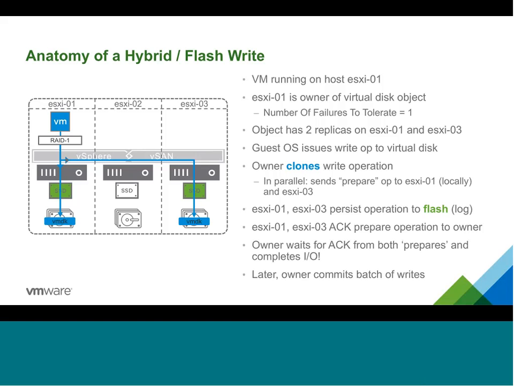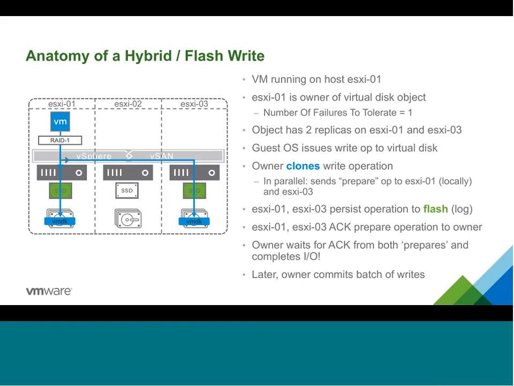We can have an all flash environment where I'm using flash for cache and flash for the capacity tier as well. How these two behave differently, I'll be covering shortly. But I can have both environments. If I need more performance, I will go for all flash, right?